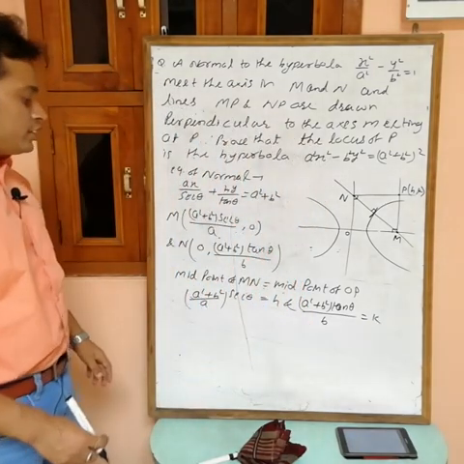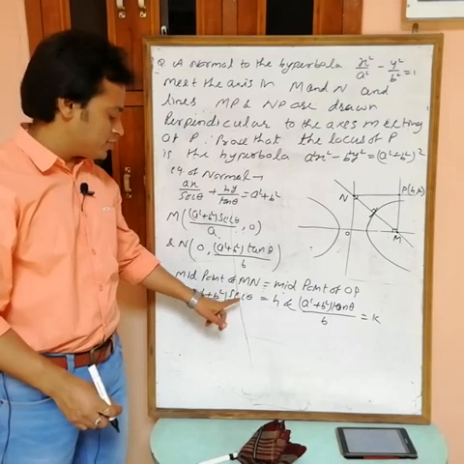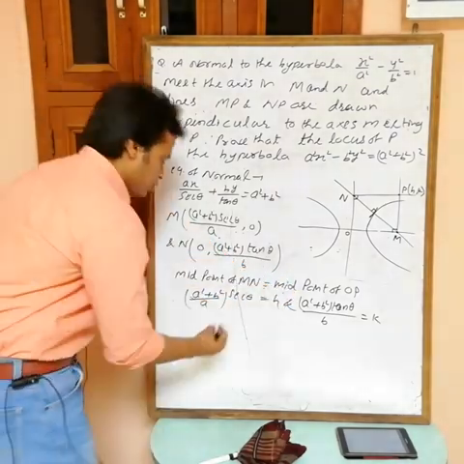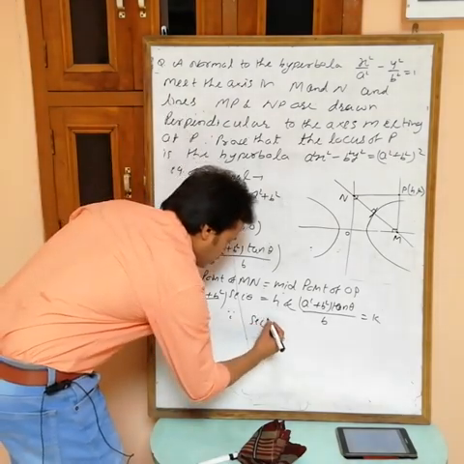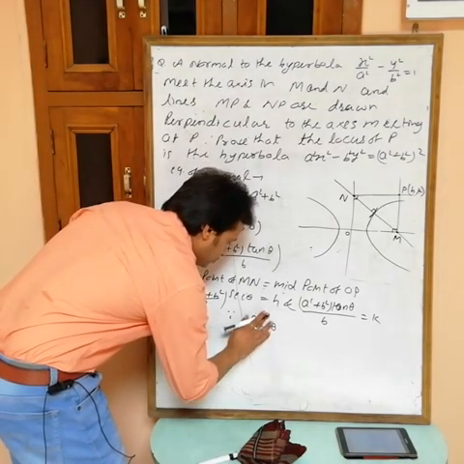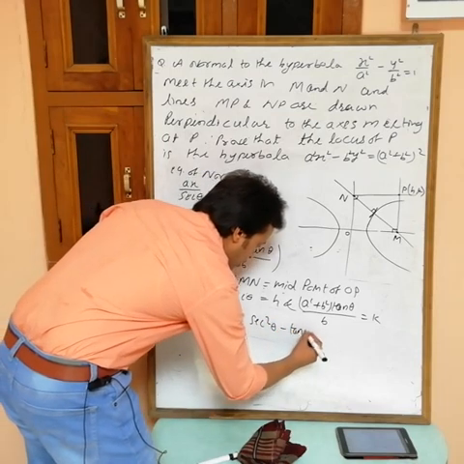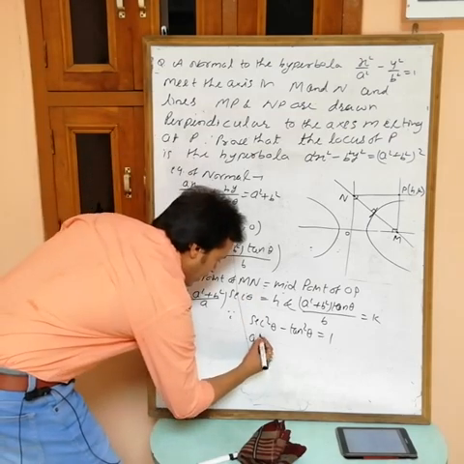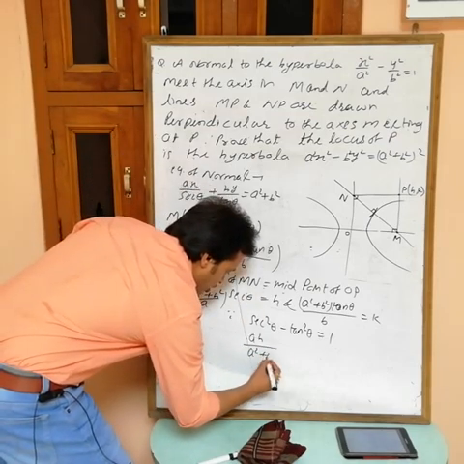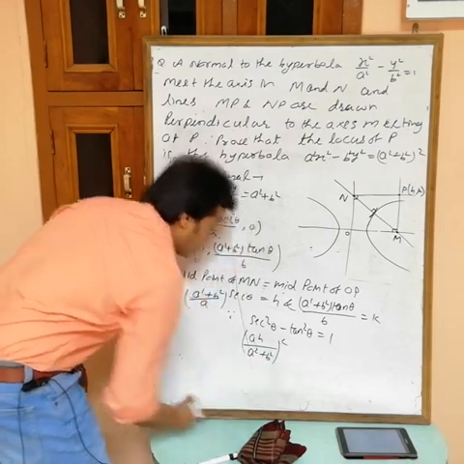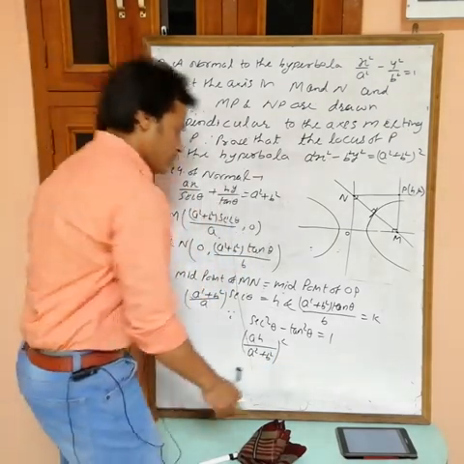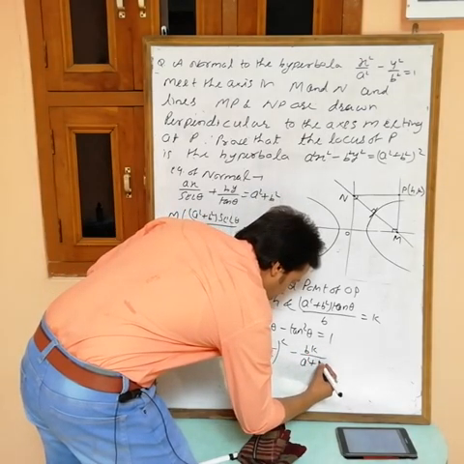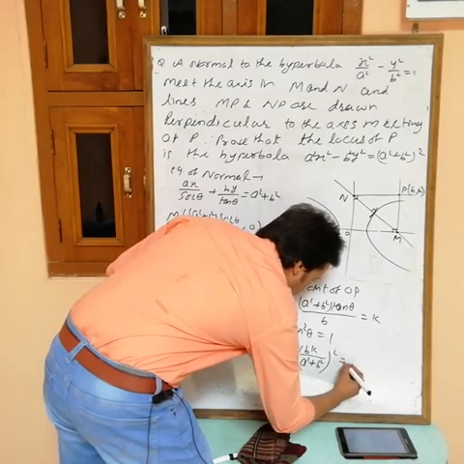So what do we want? We want a relation between h and k. From this one you will get the value of sec theta, from this one the value of tan theta. Use sec square theta minus tan square theta equals 1. Sec square theta is (a h by a square plus b square) whole square, and tan square theta is (b k by a square plus b square) whole square, equal to 1.